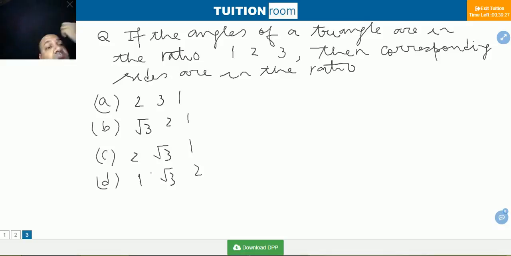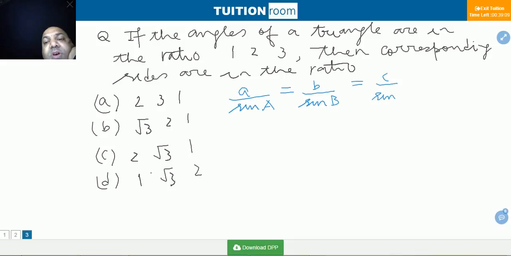Guys, from the sine rule, a upon sine A, b upon sine B, c upon sine C, these three ratios are the same. What we can conclude? The ratio of sides is equal to the sine of their angles.